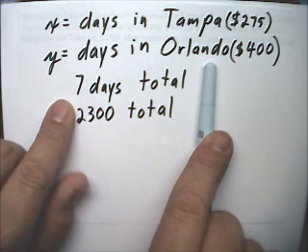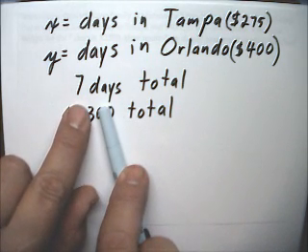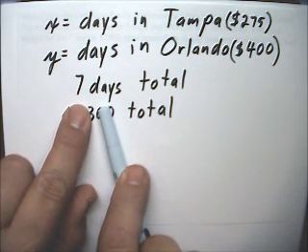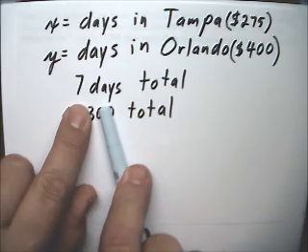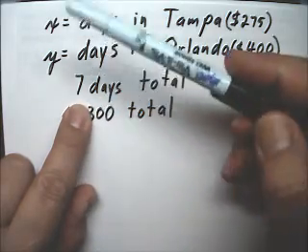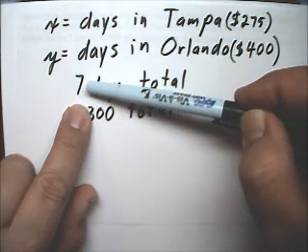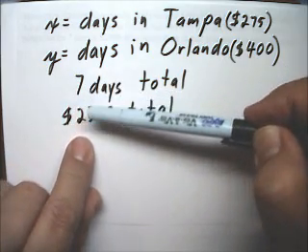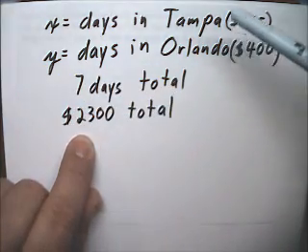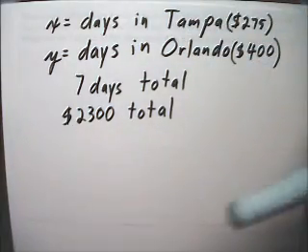Very similar for the days in Orlando. 7 days total. So that means x plus y has to be 7. And this is going to be our total when we add up our multiplications there.